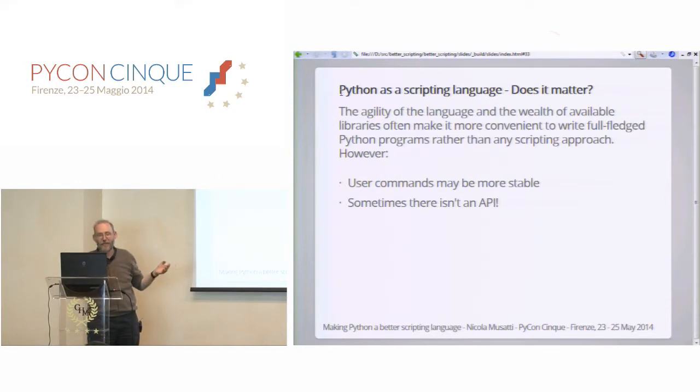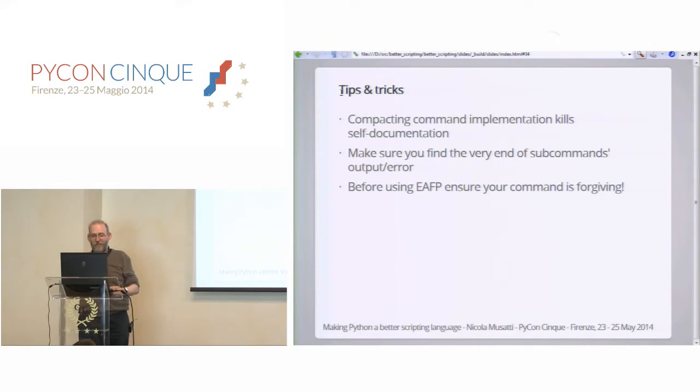But in some cases, the command line interface can be more stable than an API. You can avoid problems of finding the right version of the bindings, or compiling the bindings and things like that. And sometimes, as it was my case with ClearTool, there isn't an API, so I had no other option than to do something like this.